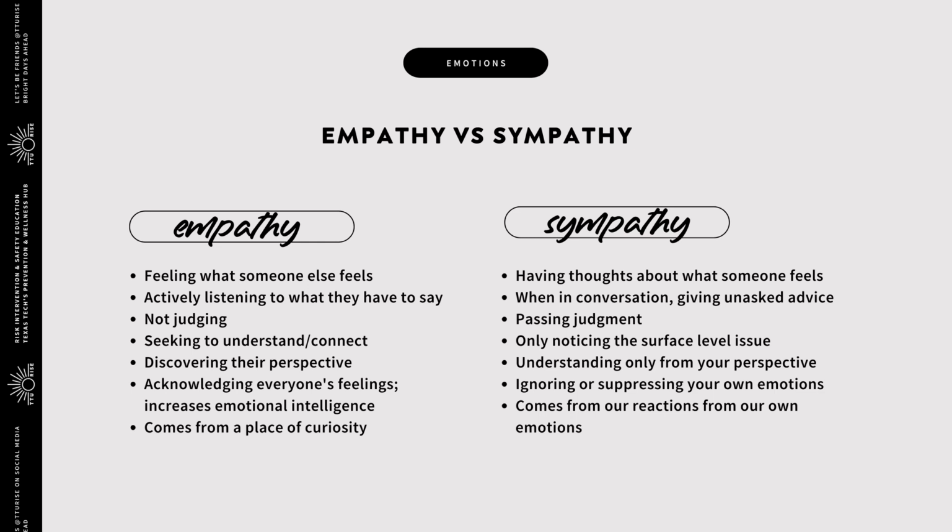Empathy also is going to involve you seeking to understand and connect and discover that person's perspective. So, like I mentioned, take that step back and check out that bigger picture. Next, empathy involves acknowledging everyone's feeling, including your own. So increasing that emotional intelligence comes in handy at every step.